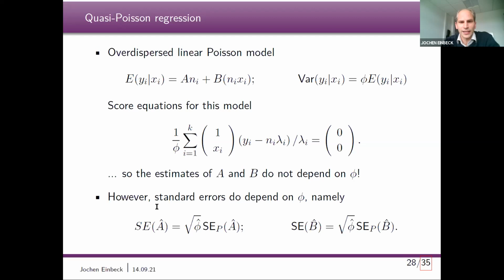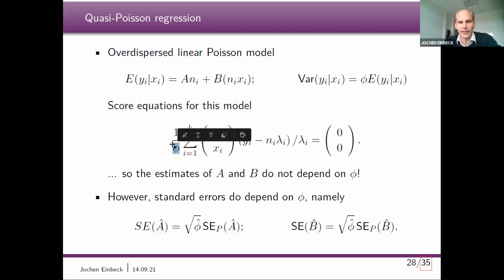So the lucky answer is, without giving too much detail here, fortunately, if you work out such a situation where you have overdispersion, which is simply expressed by the variance not being equal to the mean, but the variance being phi times the mean, and you work out the score equations, that means the derivatives of the log likelihood, you see that phi just cancels out.